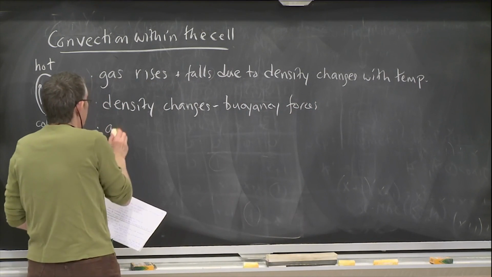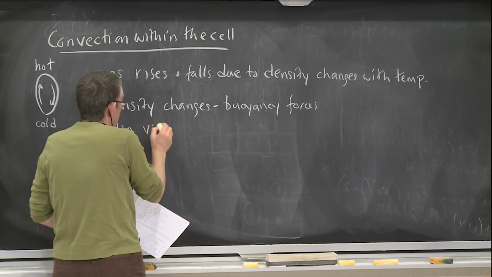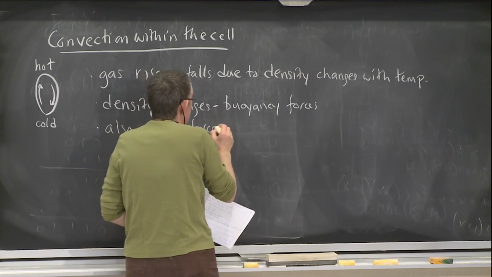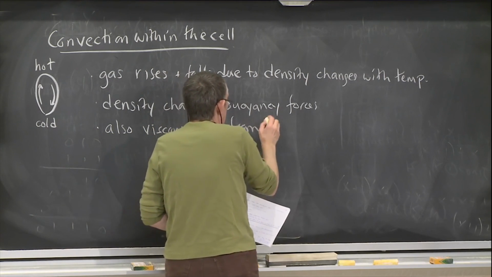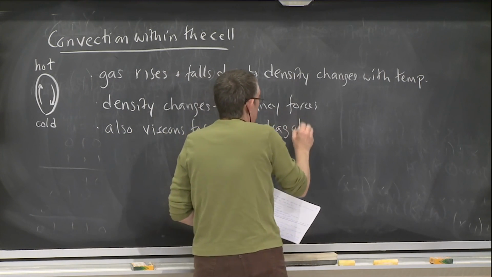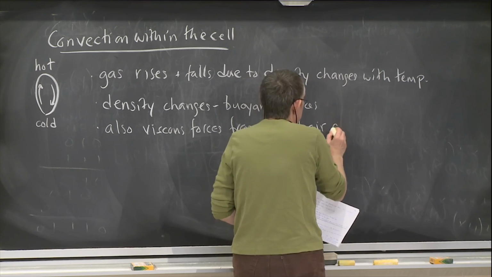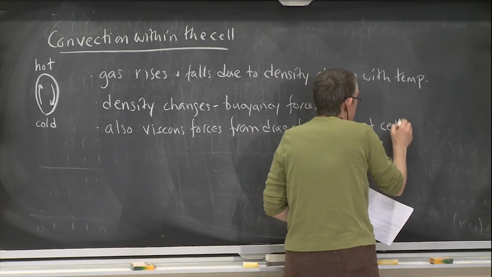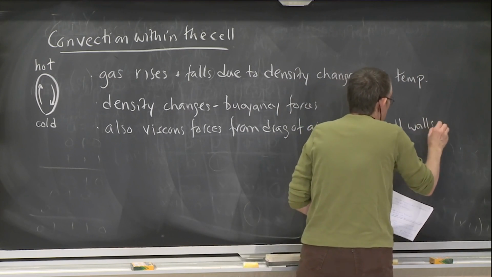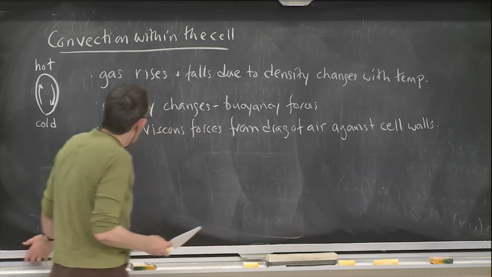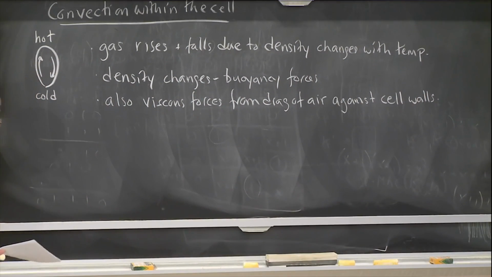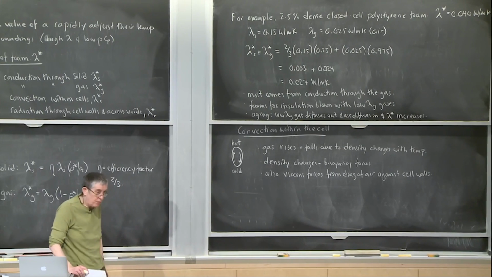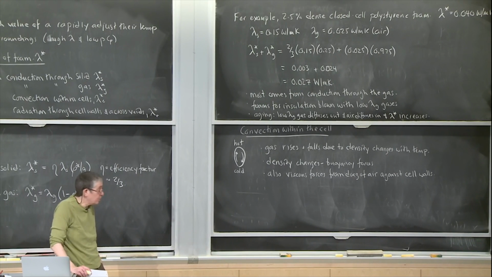But we also have these viscous forces from the drag of the air against the walls of the cell. So the air moving past the walls, this is a fluid mechanics thing. So the air is a fluid.